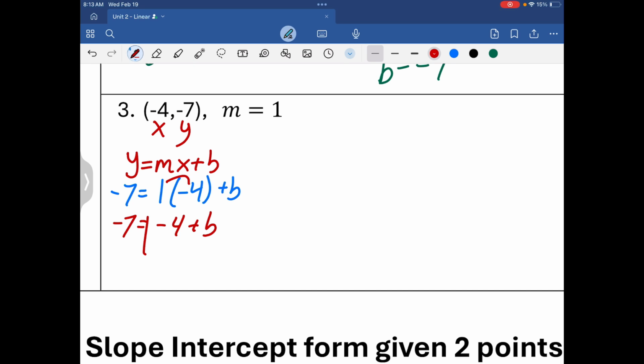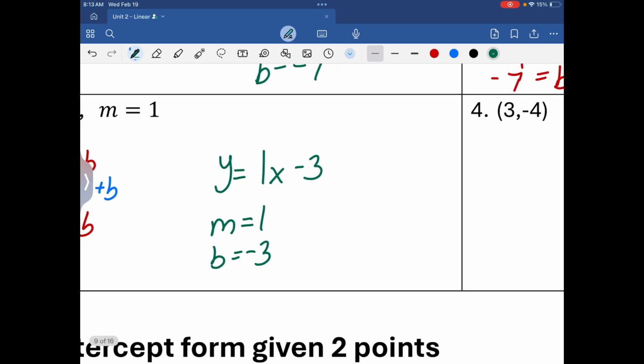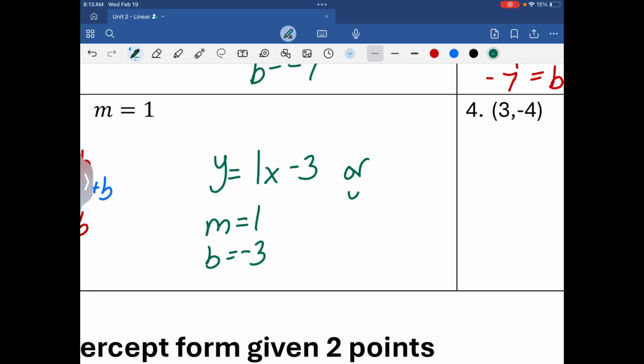Do our split, and we can add 4. b equals -7 plus 4, which is -3. So our m was 1, our b was -3. Rewrite our final answer, y equals 1x minus 3. And remember, we can write it as y equals x minus 3.